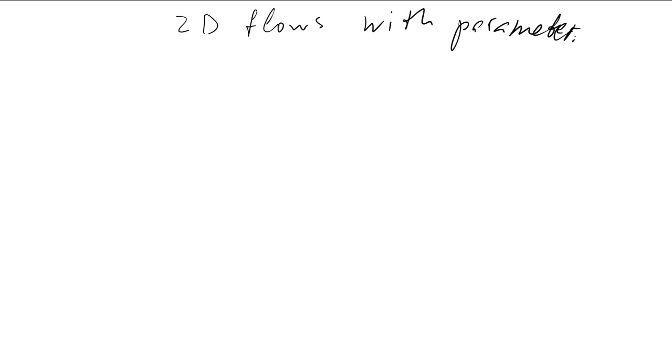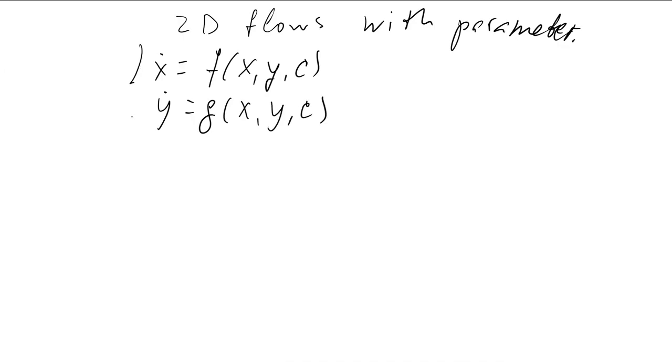So now we'll consider two-dimensional flows with parameter. So x dot is a function f of x, y, and parameter c, and y dot is a function g of x, y, and parameter c.